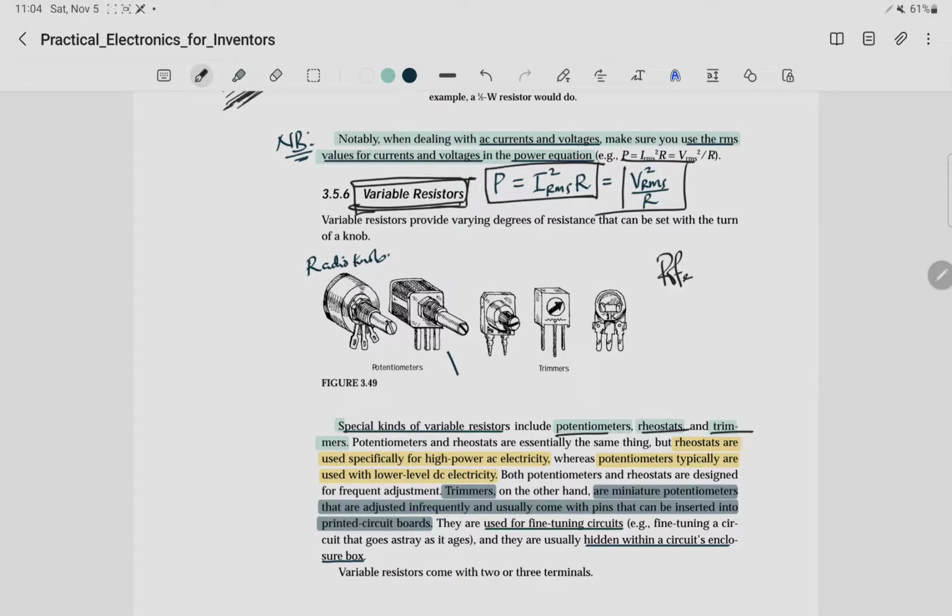So both potentiometers and rheostats are designed for frequent adjustment. But then trimmers, on the other end, are miniature potentiometers, and they are found on what? Circuit boards.